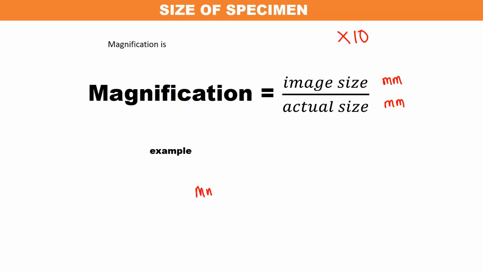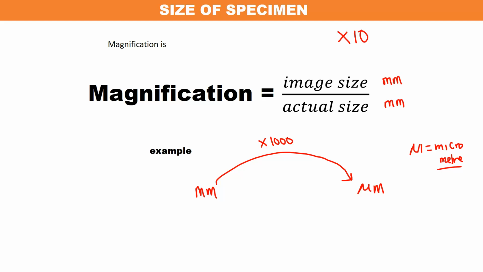Now, let us look at the simple conversion. If you find this symbol, it represents micro, so this represents micrometer. Millimeter is bigger than micrometer. So when you are moving from millimeter to micrometer, you multiply by 1,000.